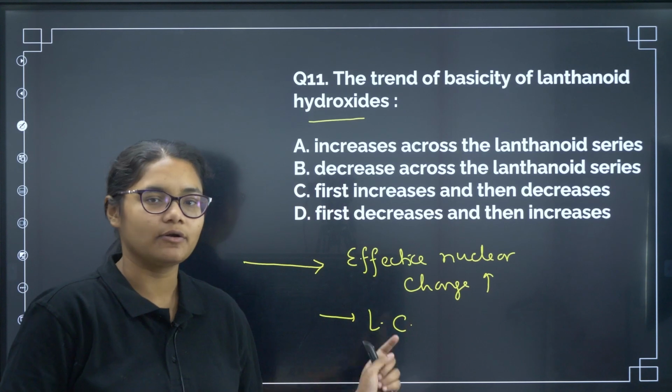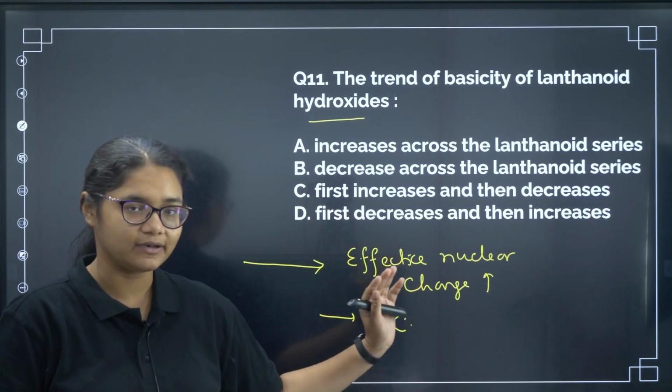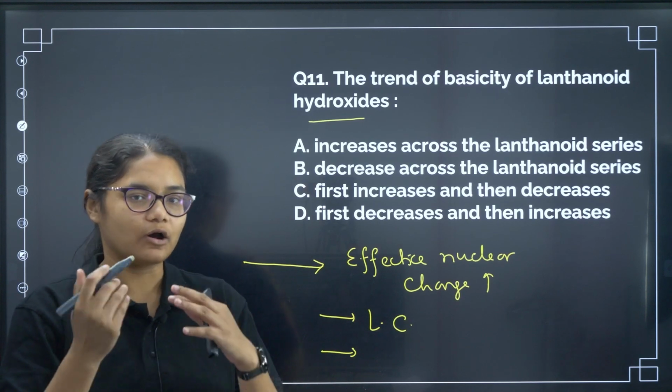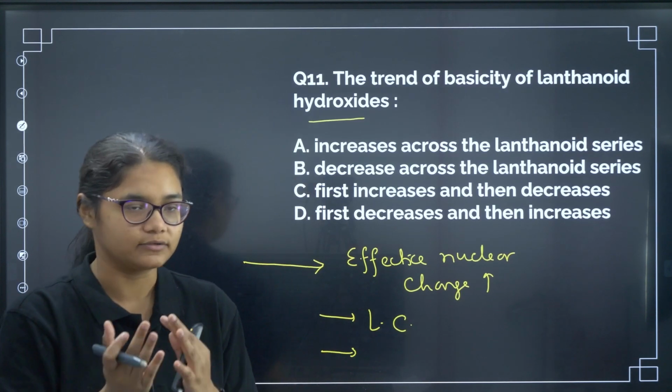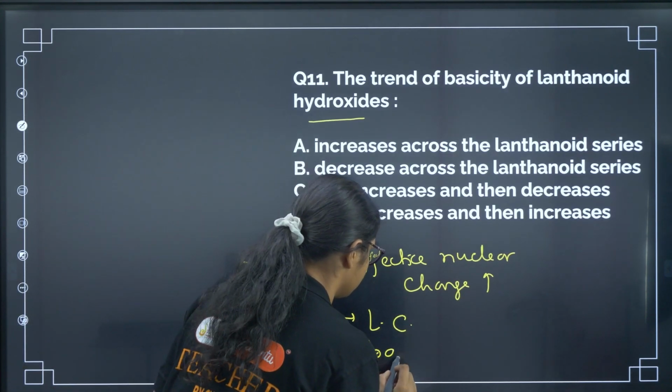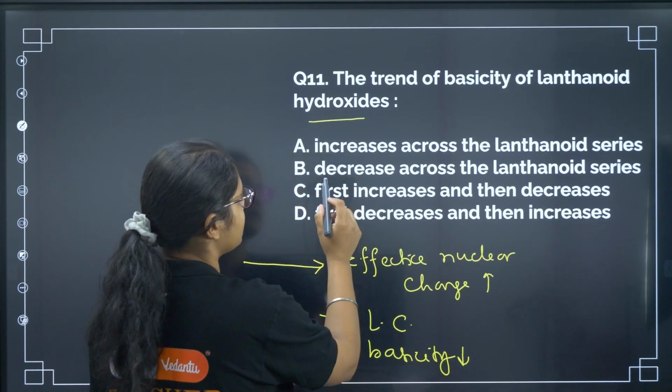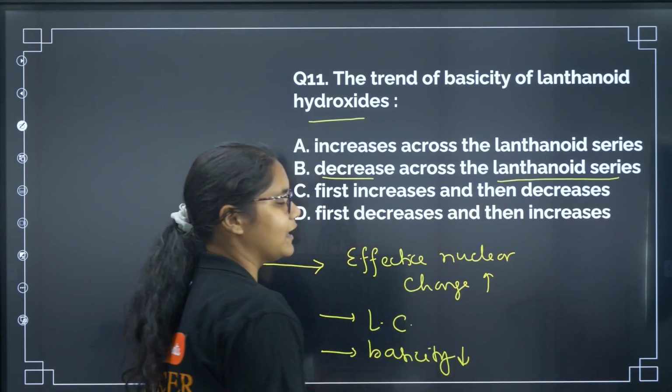Because of lanthanide contraction, the effective nuclear charge will increase, and as a result the nucleus will not allow the central atom to donate electrons. So basicity will decrease. Yes, basicity decreases along the lanthanide series.